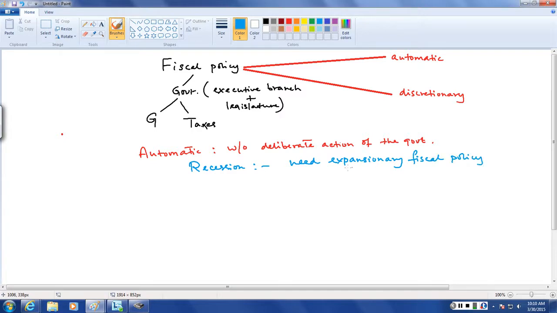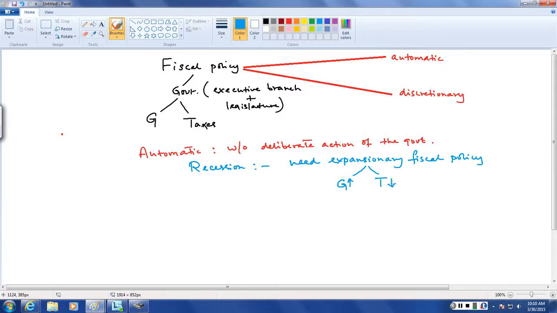And what does expansionary fiscal policy involve? Government spending, going up or going down? Going up, clearly, because we want to shift the AD curve rightwards. We want to increase demand in the economy, correct? So government spending would be going up, and taxes would be going down.